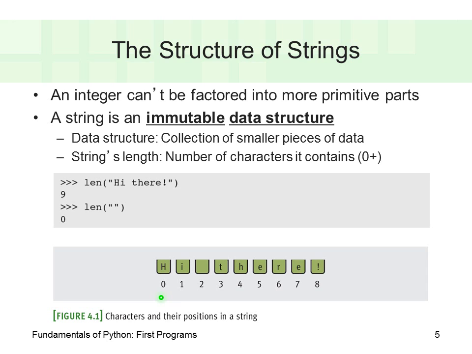This is called zero-based indexing, and these positional numbers are referred to as the indices of the string. So H, the capital letter H, has the index in "hi there" of 0. I has the index 1. The space character has the index 2, and so on, up through the exclamation point, which has the index 8.